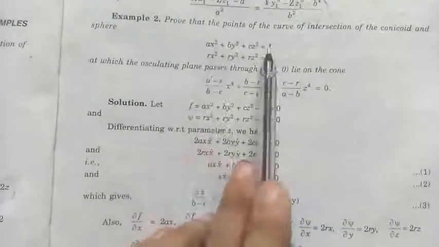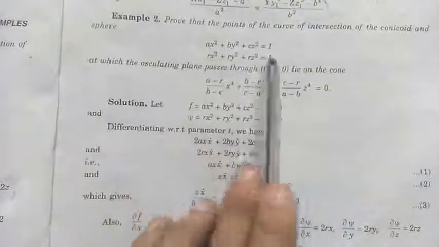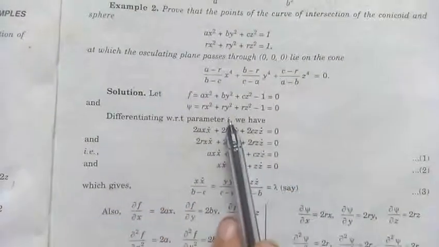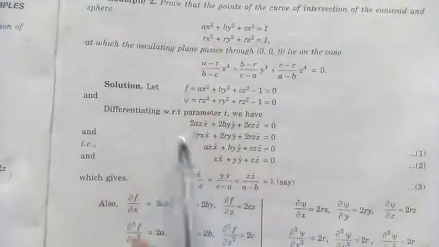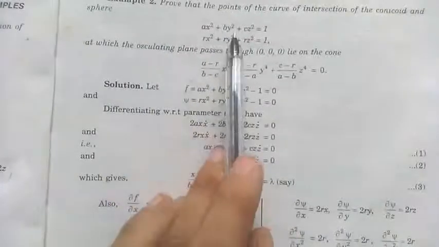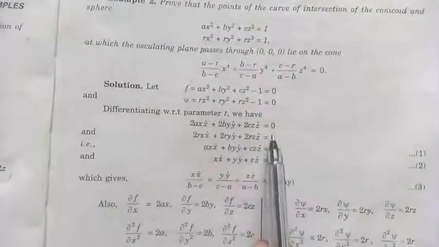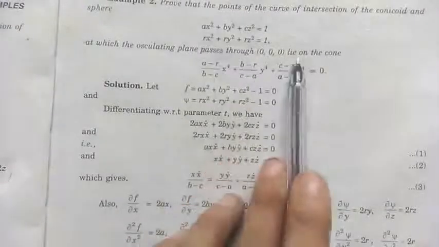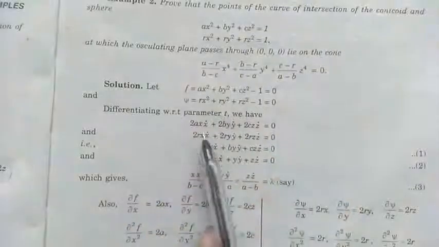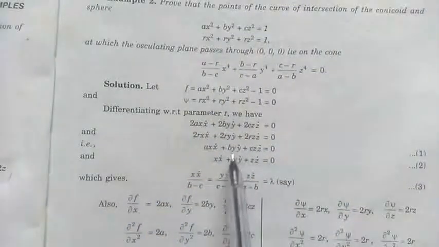Differentiating the given two equations with respect to the parameter t, the derivative of x squared is 2x x dot, the derivative of y squared is 2y y dot, the derivative of z squared is 2z z dot, and in the second equation also differentiating and dividing the third by 2, we get the two equations.